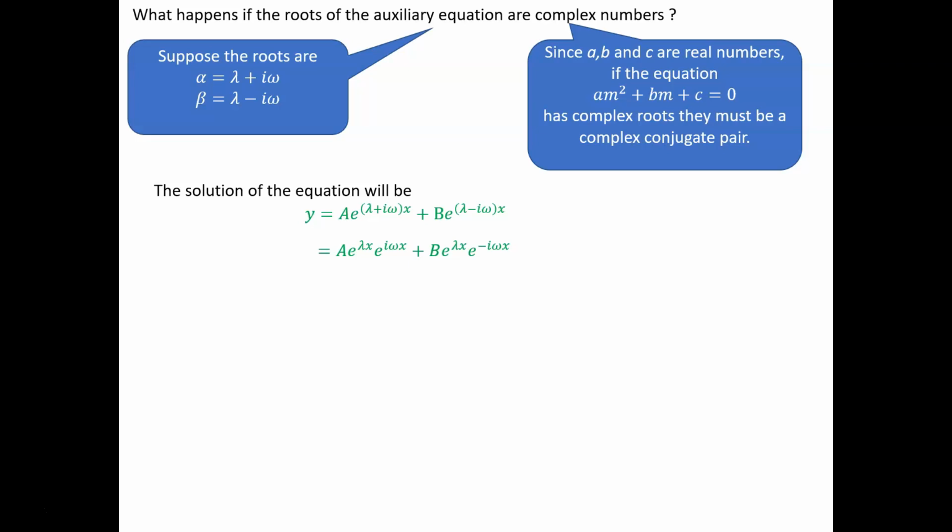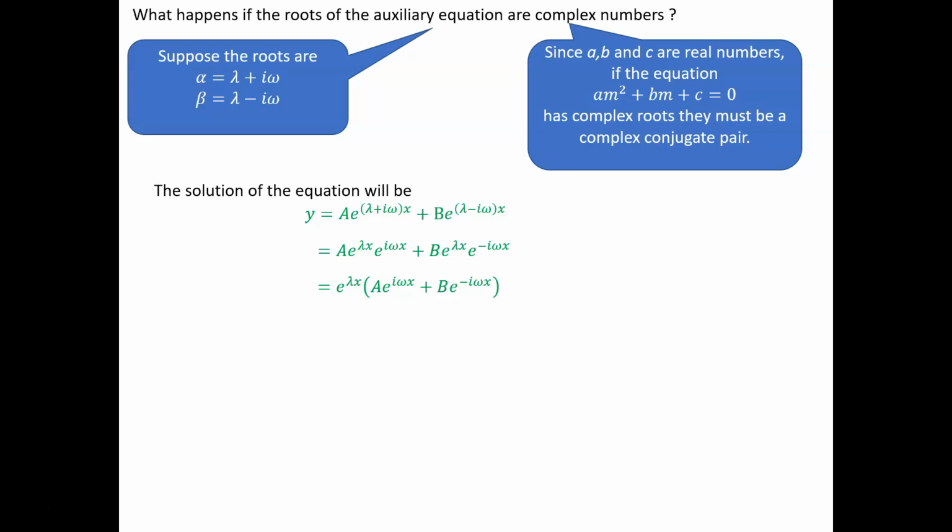So we can take out a factor of e to the lambda x. So we've got y equals e to the lambda x times (A e to the i omega x plus B e to the minus i omega x).